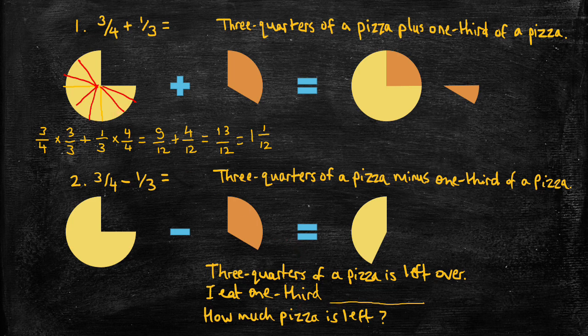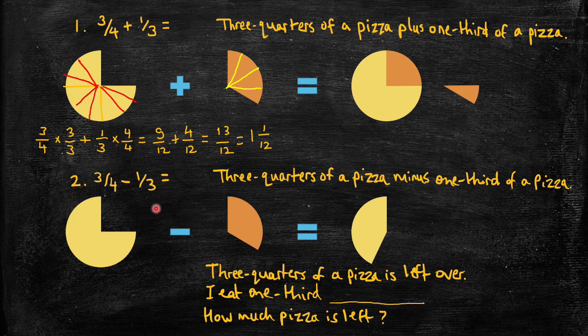And if I do a similar thing to the 1/3 slice, let's divide that into 1/12 slices. So I can see I've got 1, 2, 3, 4/12. And then I add those together. Over here I'm going to have 13/12, so I'll have 1 whole pizza plus 1/12. Okay, so addition, it's fairly straightforward.